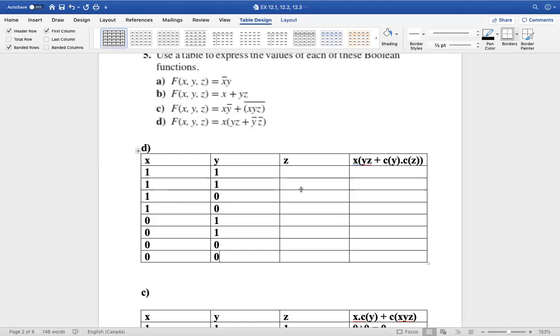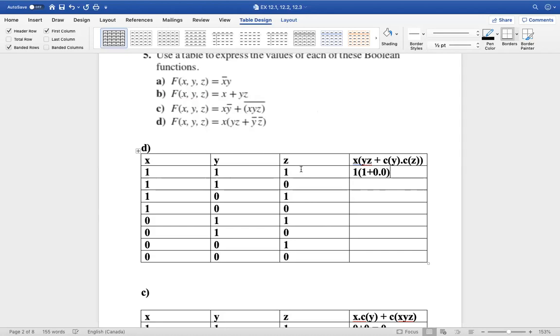All right. Okay. So this becomes 1 0 1 0 1 0 1 0. Okay. All right. So here we have yz. So y dot z, it's 1 plus complement of y, complement of y, it's 0, dot complement of z is 0.